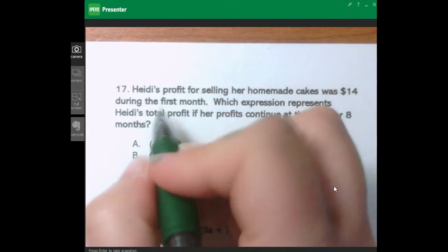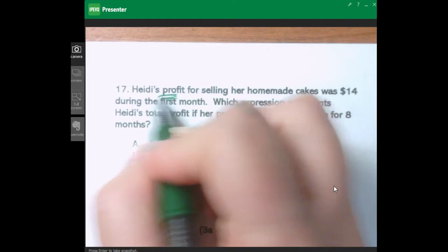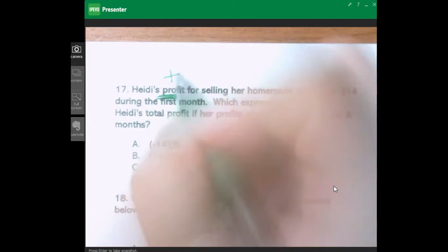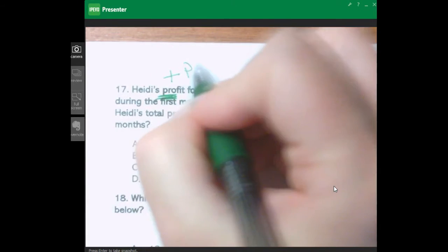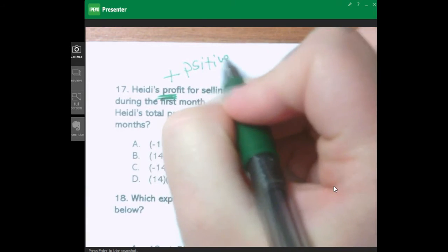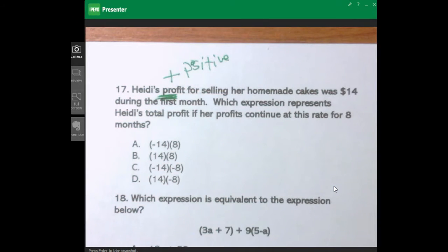So we know her profit, okay? Profit means we are in the positive. That's 1 month though. So she makes $14 in 1 month. If she keeps going, how much will she get in 8 months?